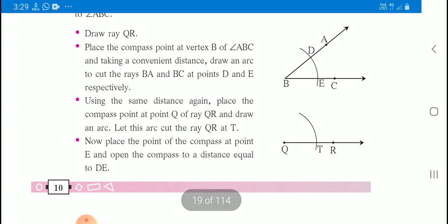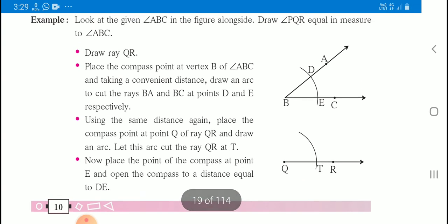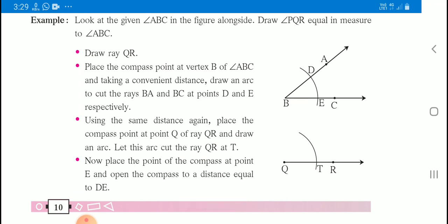Here they have given the names D and E. Now, using the same distance again, place the compass point at point Q of ray QR and draw an arc of equal measure, and let this arc cut the ray QR at point T.